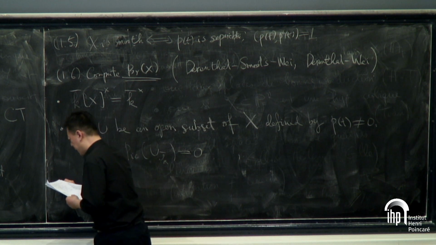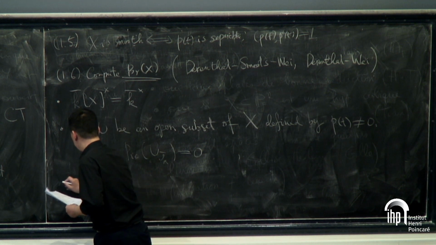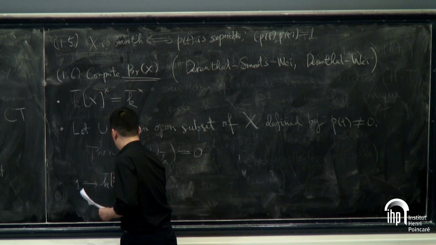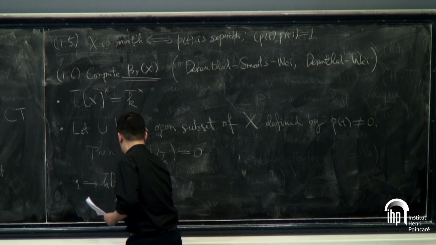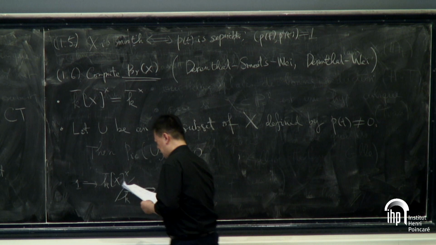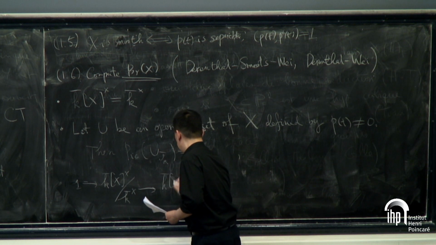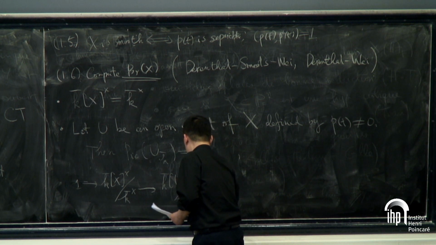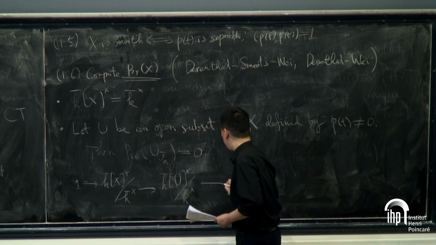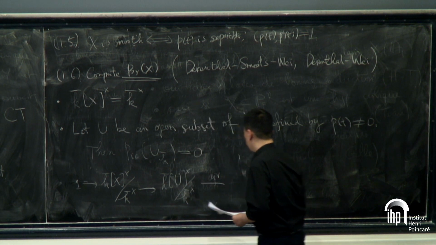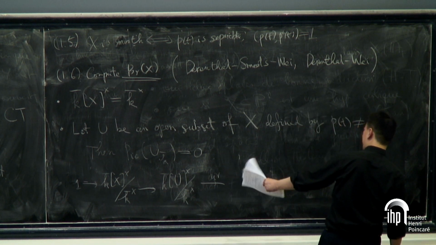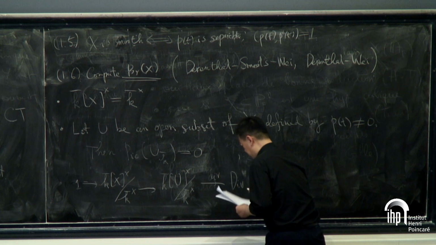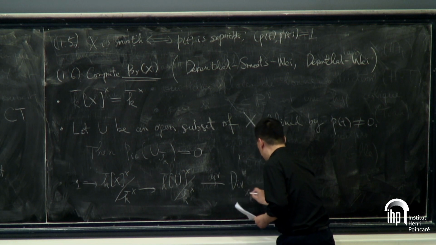Then you can look at this. Then you have this short exact sequence. So you restrict to the invertible functions of the open set, and you take the divisors of the open set in the whole space at infinity.